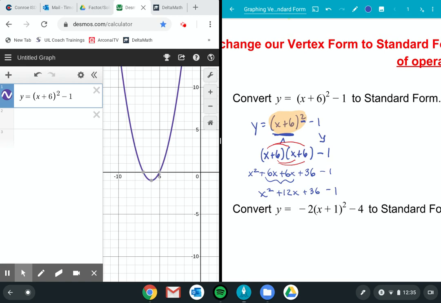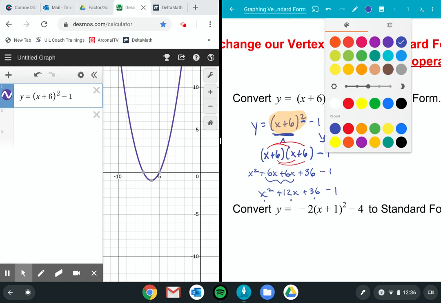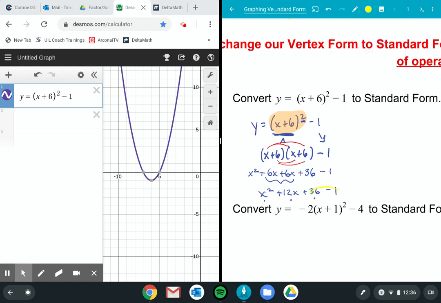So now, PEMD, division. Is there division? No, there's not. I see no division sign, so we can skip that. A, addition. Is there any addition in this problem? Yes, there is, but I can't add these three terms together because they're all different. You can only add x squareds with x squareds, x's with x's, and constants with constants. Oh, but I do have two constants that I can, leading to my last letter, S, subtract.